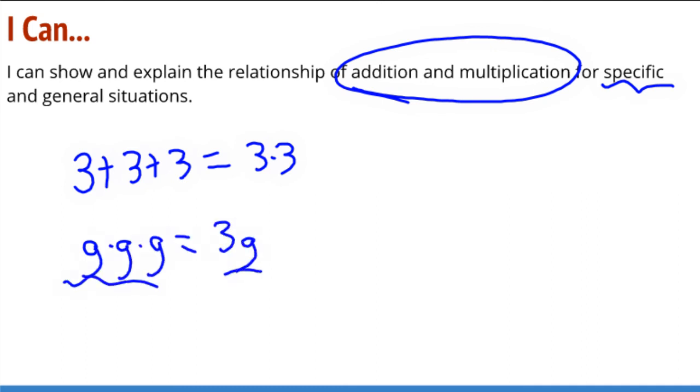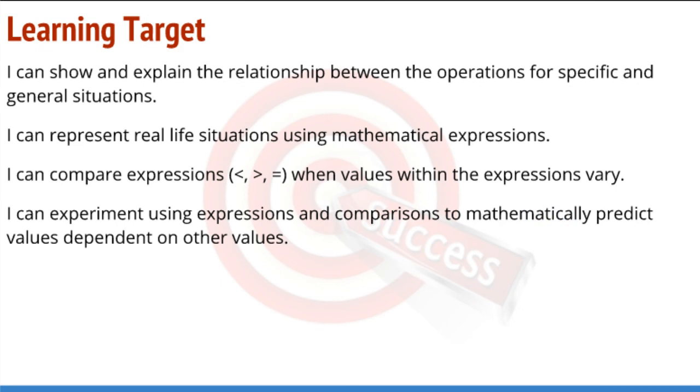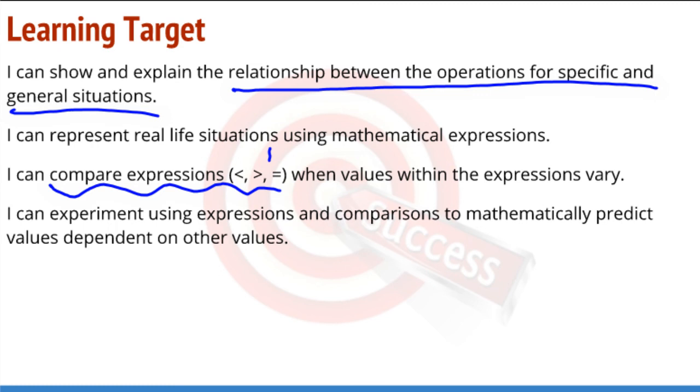Starting to throw in these variables here. So we've continued the exploration of relationship between operations in specific and general situations, and we have also done some comparison, in particular focused on equal expressions.